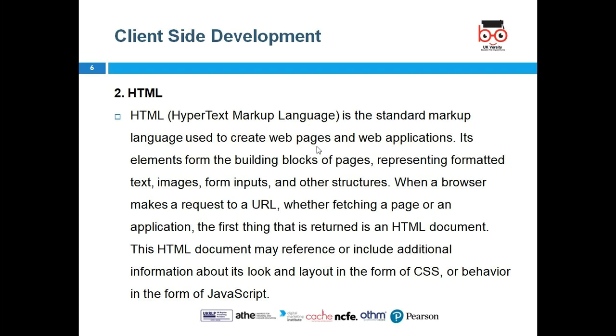HTML is hypertext markup language, the standard markup language used to create web pages and web page applications. Its elements form the building blocks of pages, representing formatted text, images, form inputs, and so on.